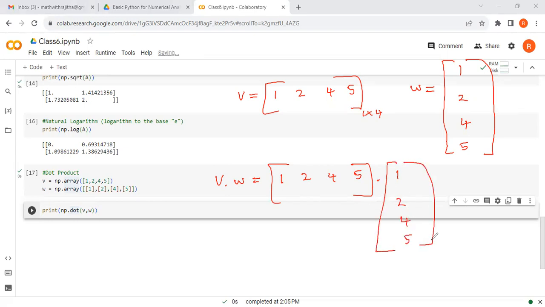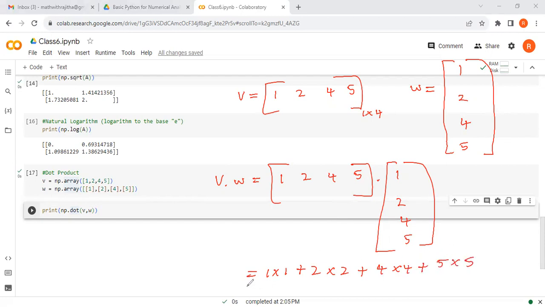So 1 into 1 plus 2 into 2 plus 4 into 4 plus 5 into 5.